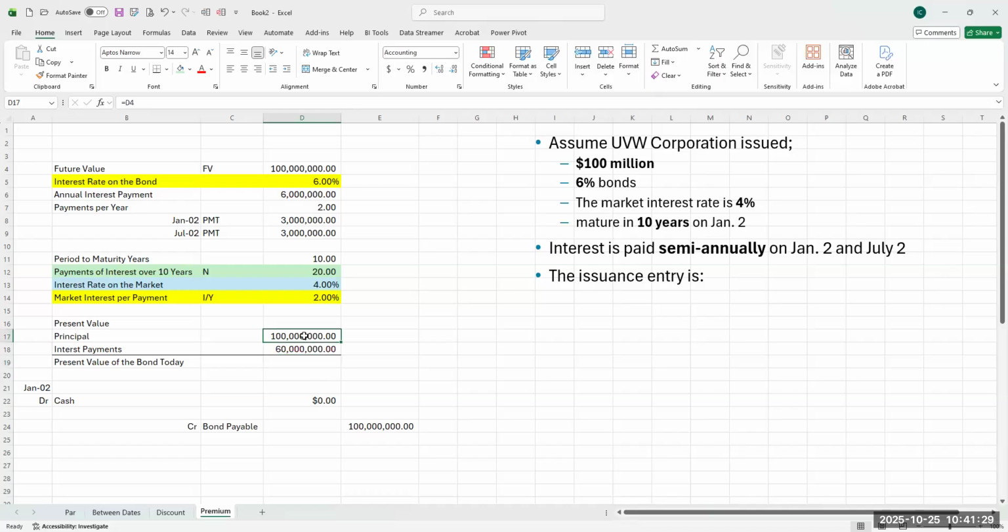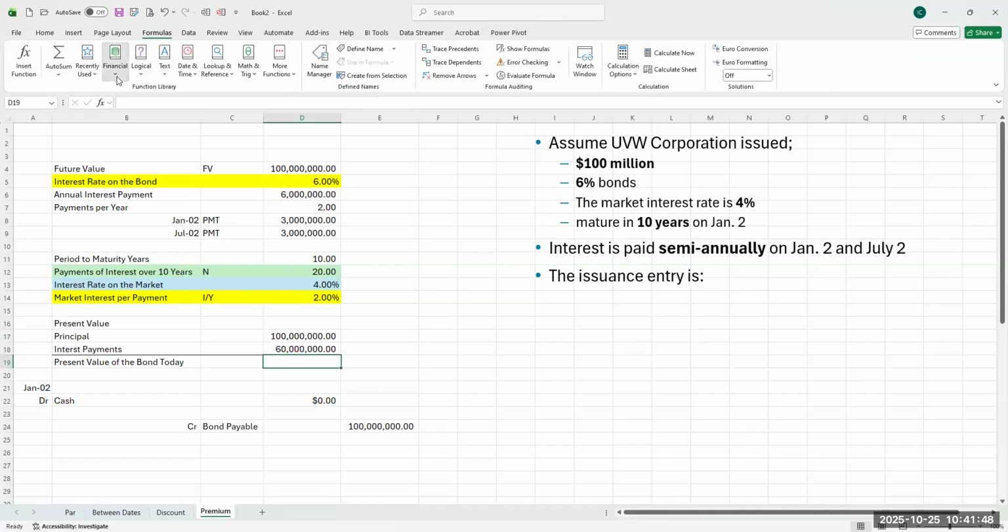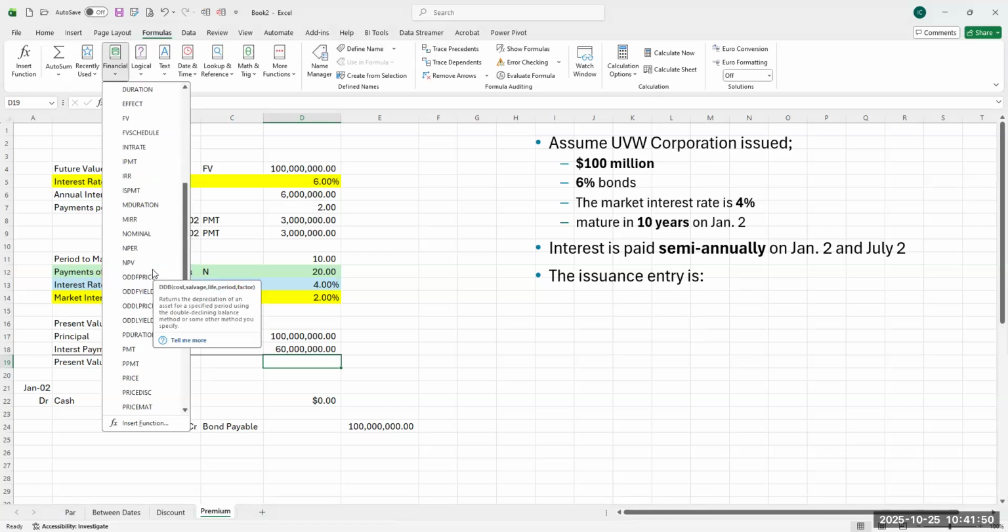Again, we're going to pay them $100 million after 10 years. Over the 10 years, we're going to pay them 3 million twice a year. So let's see what's the present value of this. In order to calculate the present value, again, we go to formulas, financial, scroll down to get the present value, PV.